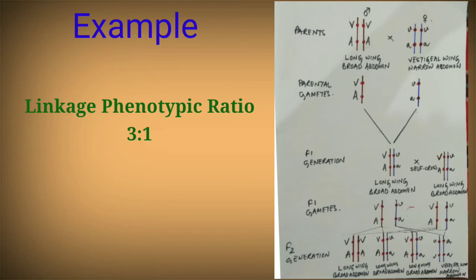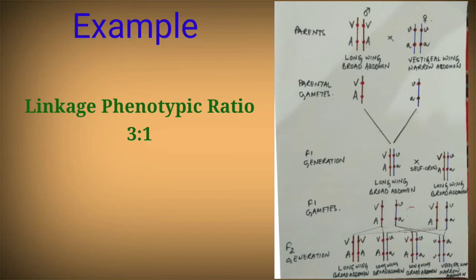So that is the dihybrid phenotypic ratio. Why is it called dihybrid? Because here two contrasting characters are taken: the shape or size of the wing and the shape of the abdomen. And here three individuals will bear long wing and broad abdomen characters, and one individual will bear the vestigial wing and narrow abdomen character.